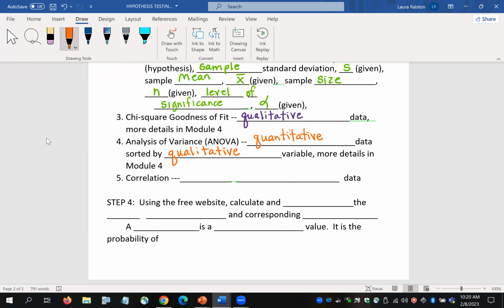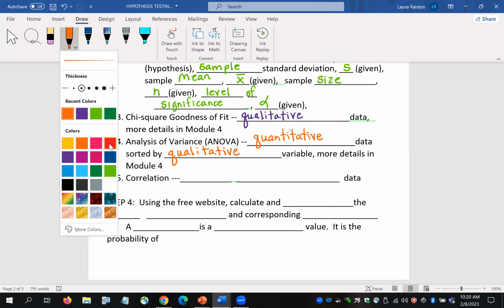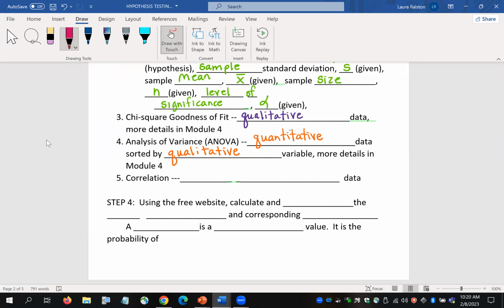And then the last thing that we talk about in the course is correlation. And it deals with what we call bivariate quantitative data.